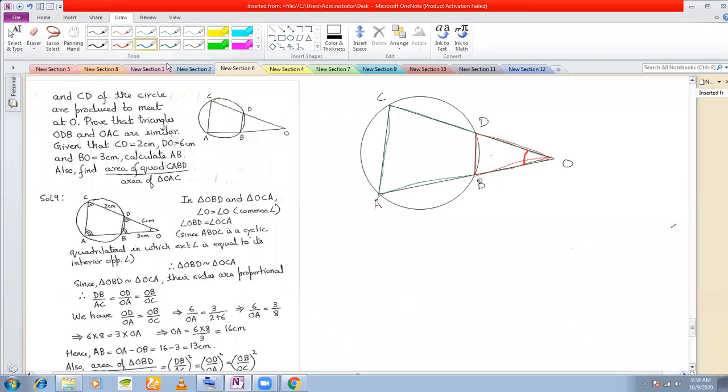But then which two angles are equal? What you see here is that ABDC, according to this figure, is a cyclic quadrilateral. This is a cyclic quadrilateral, right?